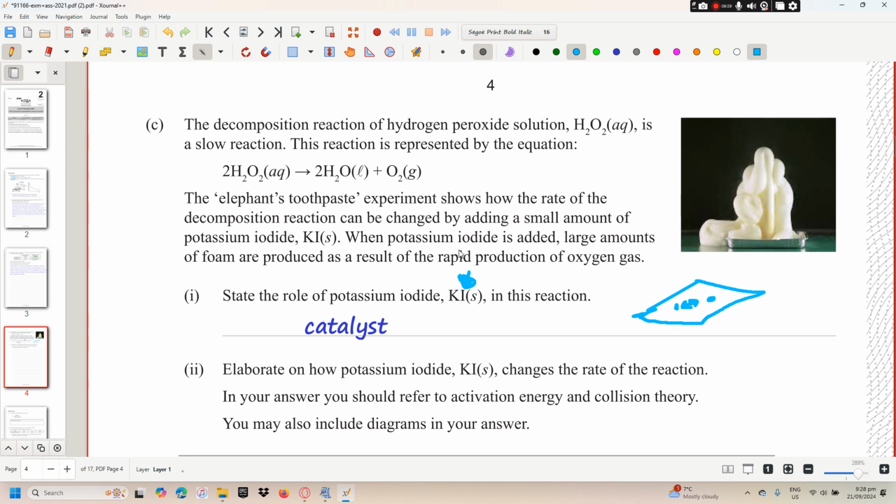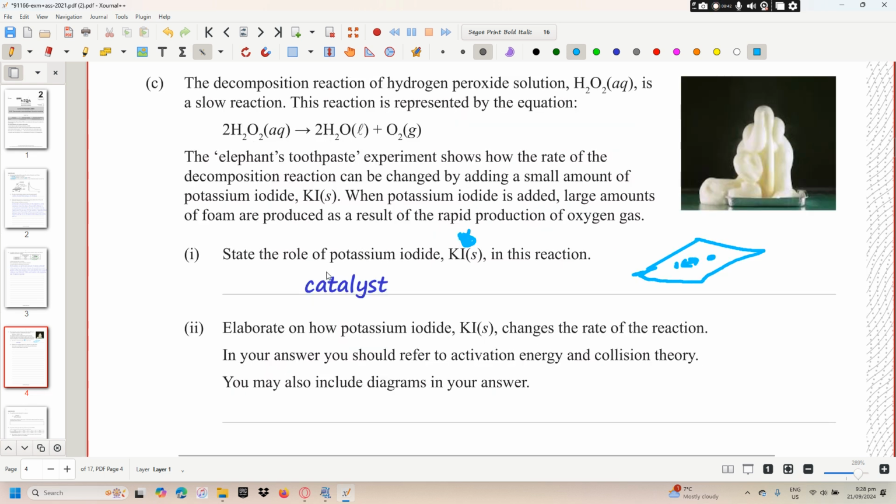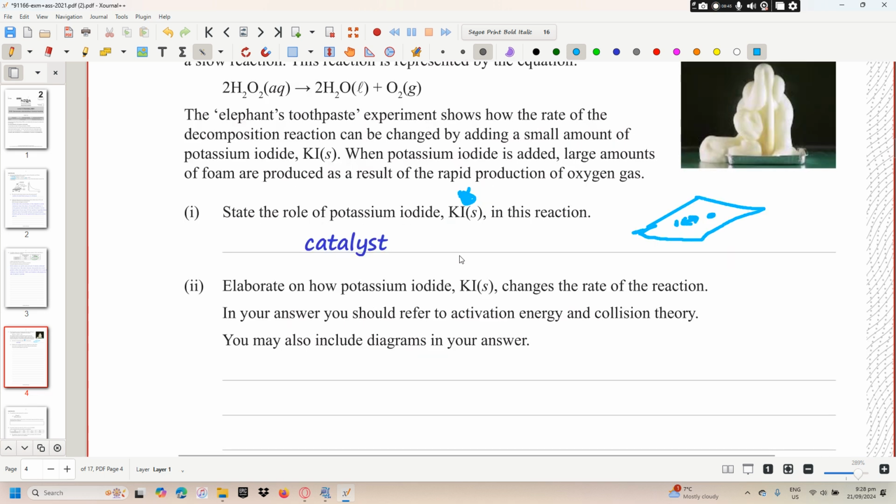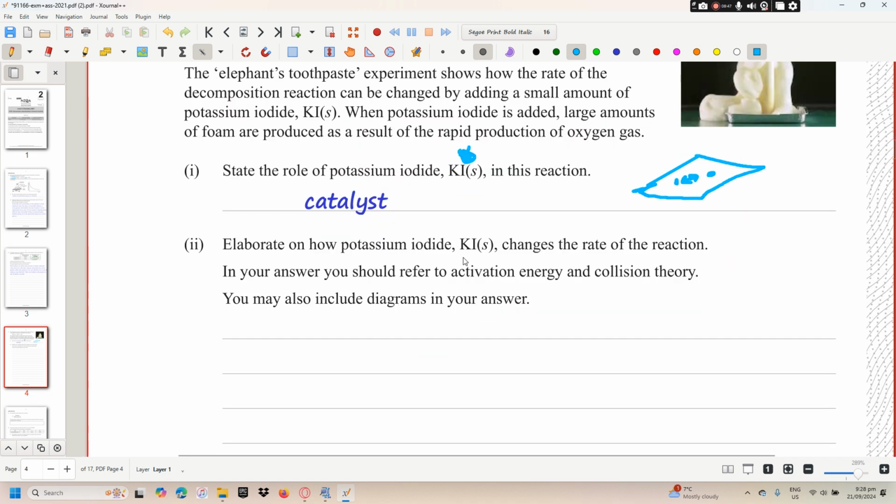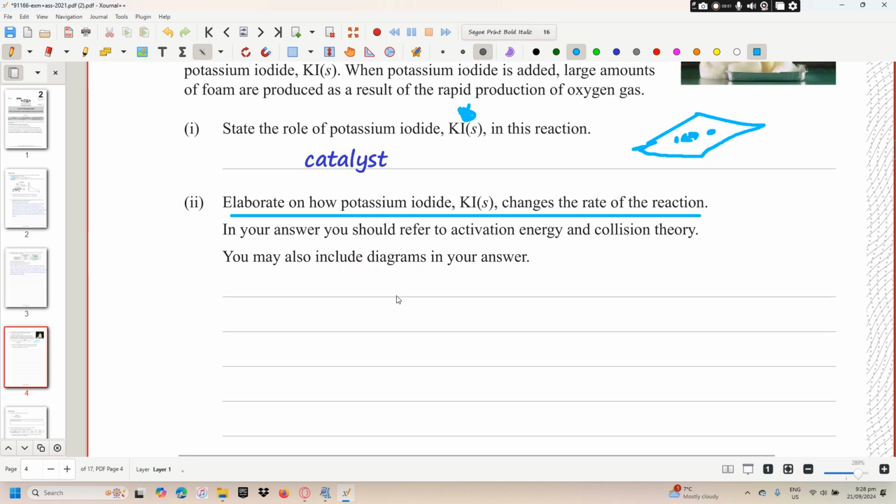That's the idea. There'll never be a question on that, but if you're curious, that is the idea behind it. The surface sort of traps the two peroxides and they react, and it's much quicker than just leaving it by itself. Anyway, you could say that here, but it definitely won't be in the marking schedule.